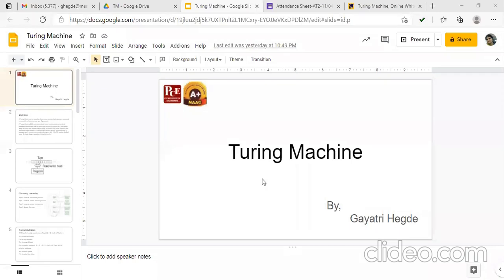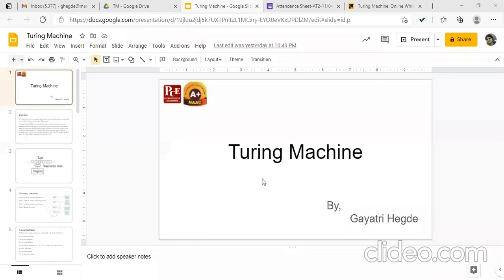I'm only talking about the possibility of computing. So Turing machine can compute any problem which is computable by computers.